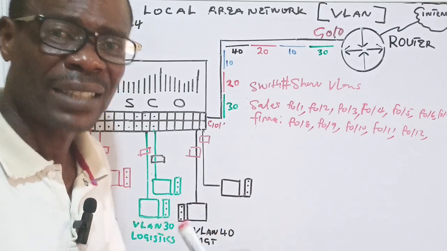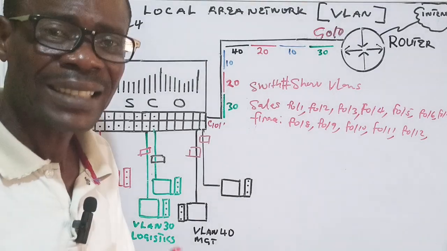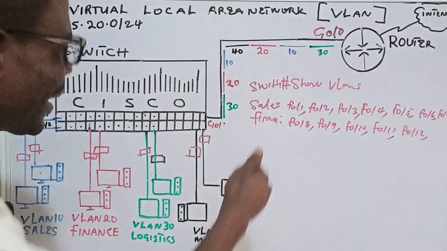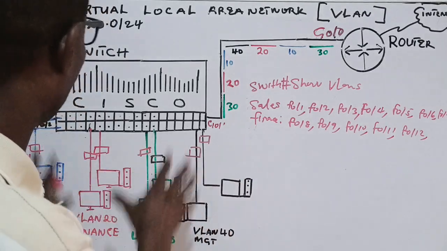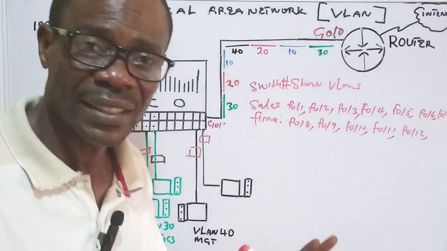Okay, but this is a large company, a medium to large enterprise network that has departments. Okay, you created all these things, even though they are connected on the same switch physically.